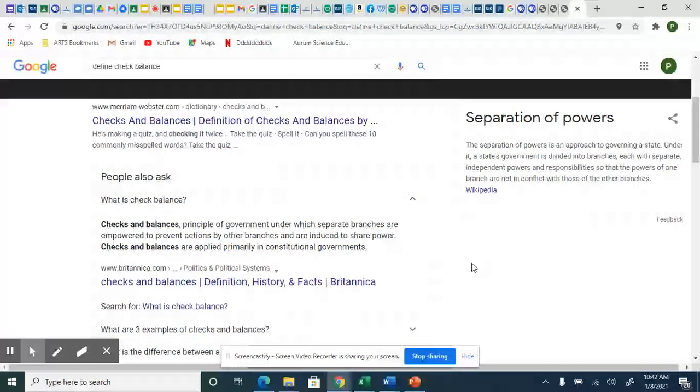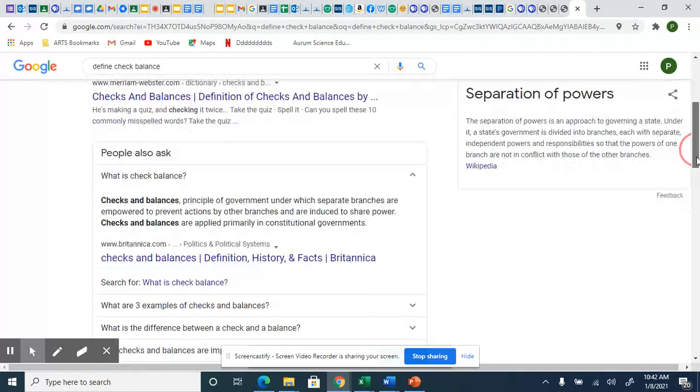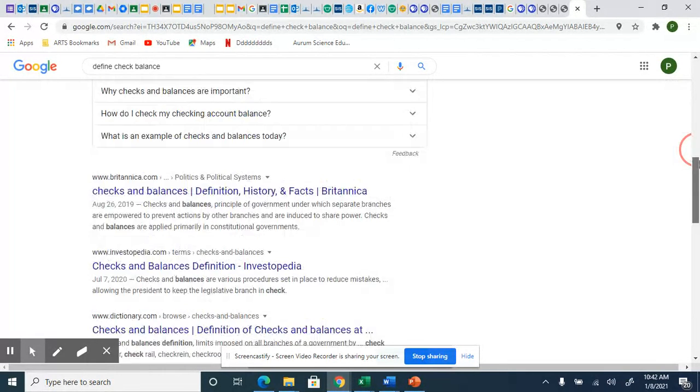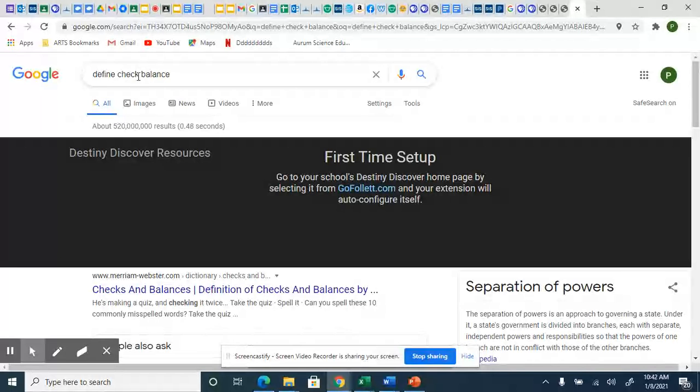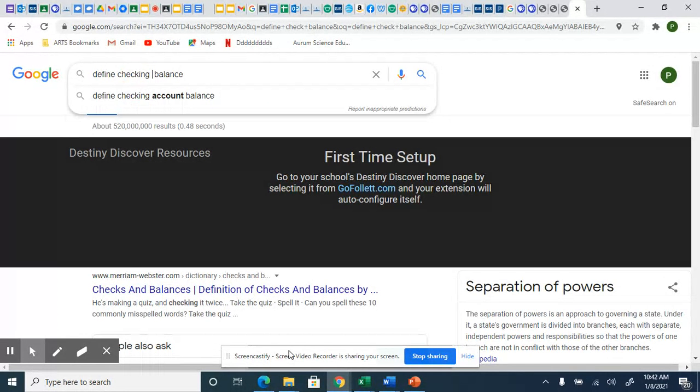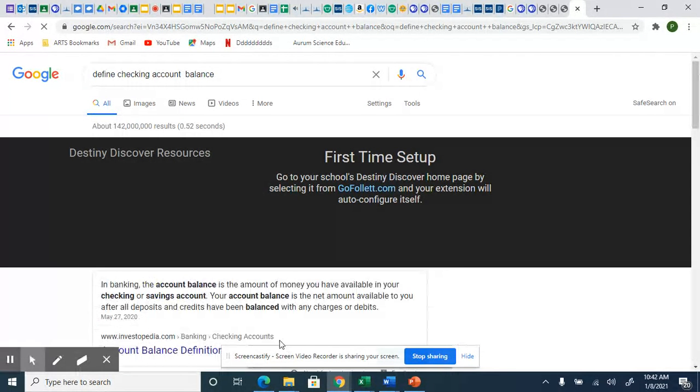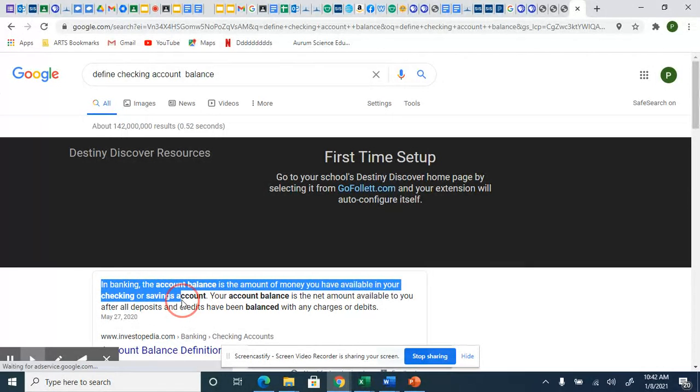This is giving me the answer for the government. So let's say checking account balance. Here we go. It's the amount of money you have available. That's true.